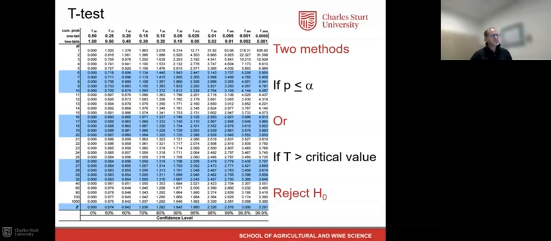And also remember, if our p-value, so our probability value, is smaller than our significance value of alpha, which typically we use 0.05, then again we can reject our null hypothesis and then accept our alternative hypothesis.